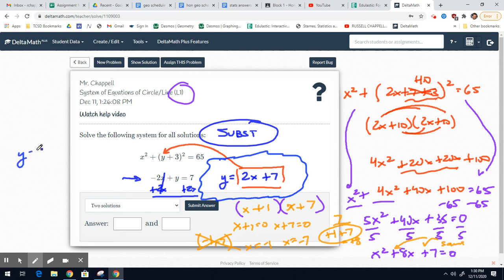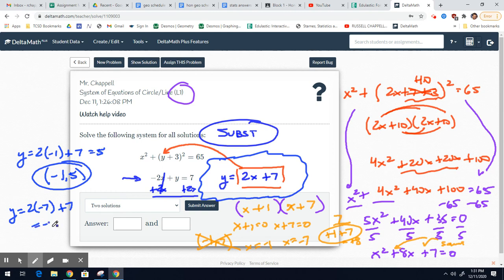So y equals 2 times negative 1 plus 7. That's negative 2 plus 7, that's 5. So one of our solutions is (-1, 5). We'll do the same thing with the negative 7. y equals 2 times negative 7 plus 7. That's negative 14 plus 7. That's negative 7.